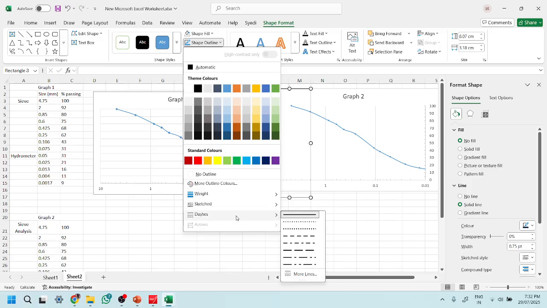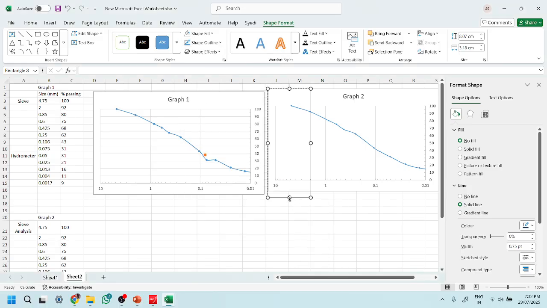Yeah, so at 2 mm, we make the distinction for gravel.